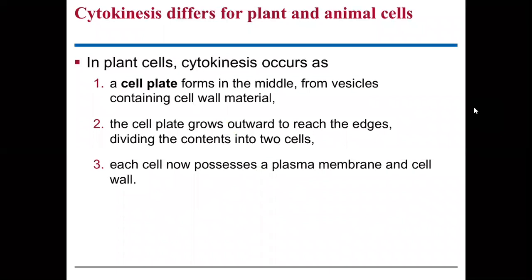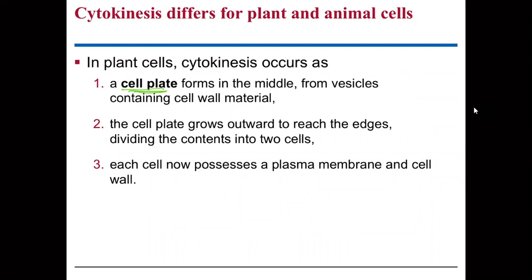Now for the plant cells, it's quite different because, as we mentioned before, the parent cell can't just pinch off into two cells because of the rigid cell wall. So for plant cells, these would be the steps for the cytokinesis. First, there's a formation of a cell plate in the middle. This cell plate is formed by vesicles that contain cell wall material.